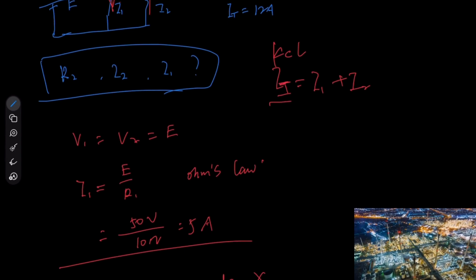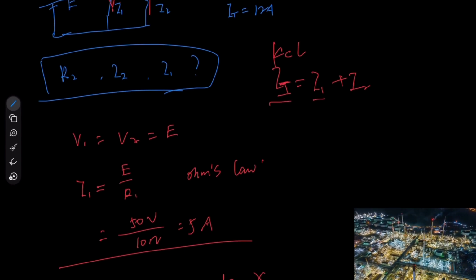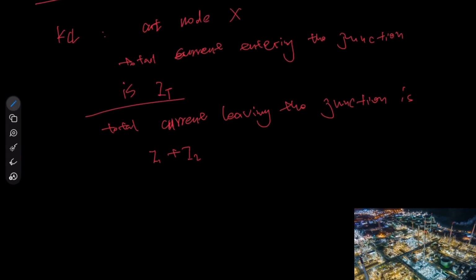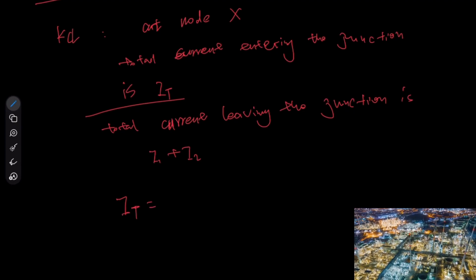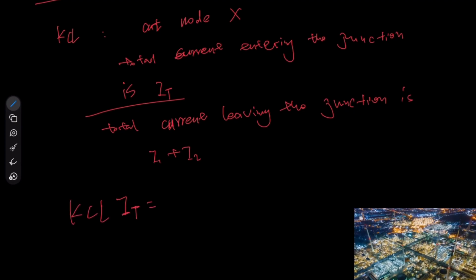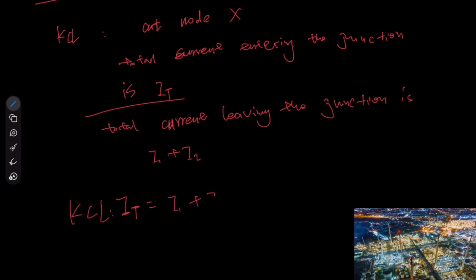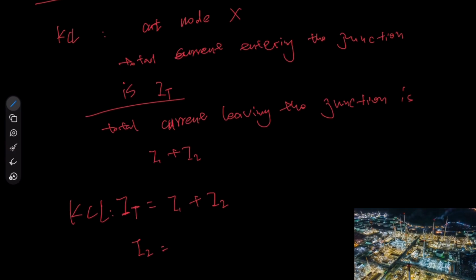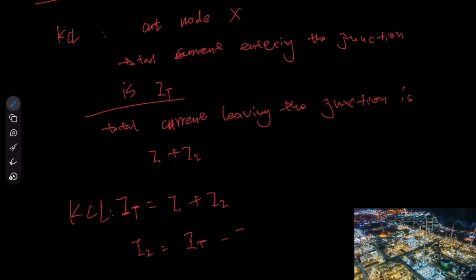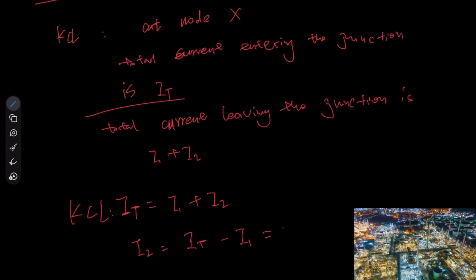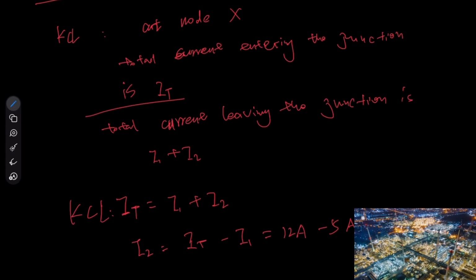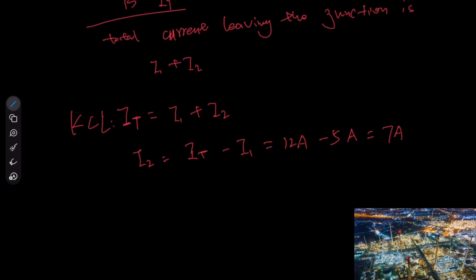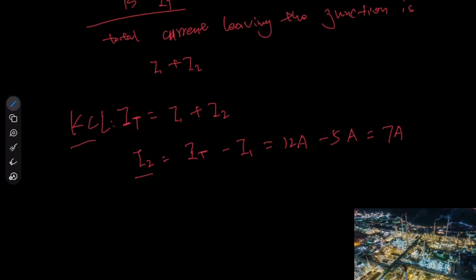So we have IT now, and we'll solve for I2. This is our original KCL: IT equals I1 plus I2. So I2 will be IT minus I1, which will give us 12 amps minus 5 amps, that's 7 amps. So now we have the current for resistor R2.